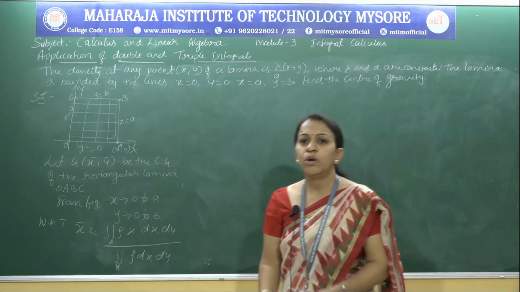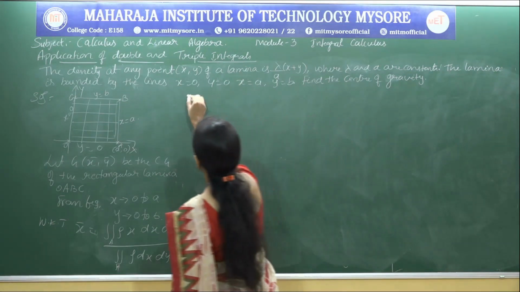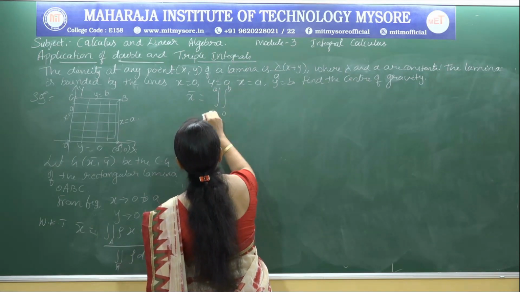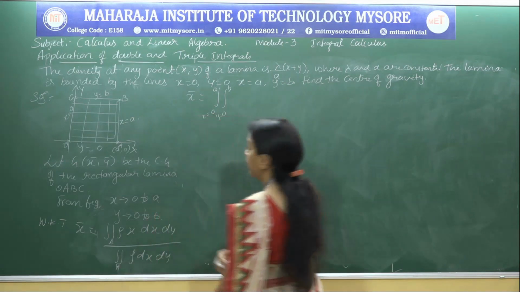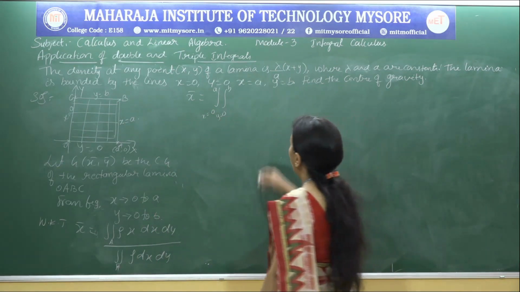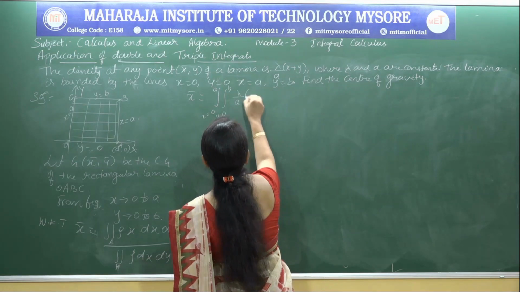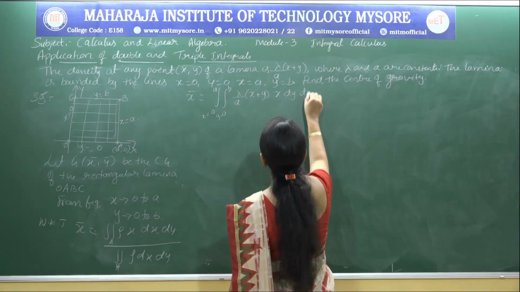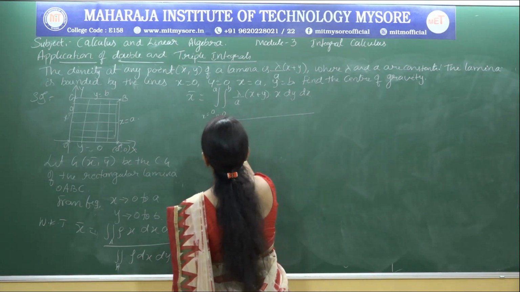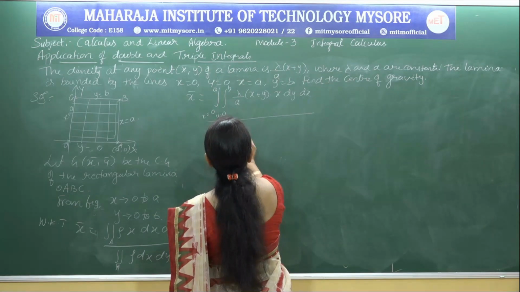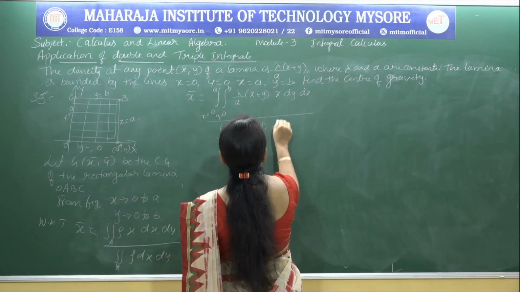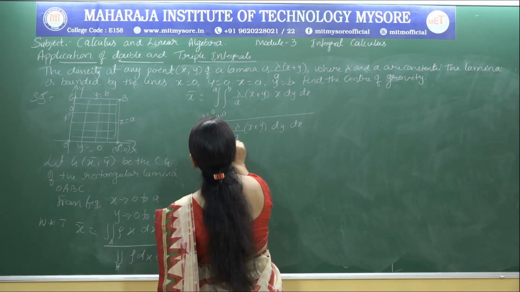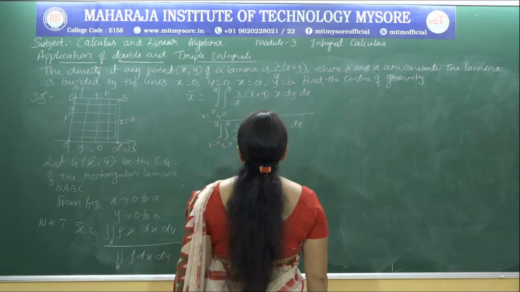So x bar is the integral 0 to a, integral 0 to b, where rho is lambda by a into (x plus y), times x dy dx, whole divided by the double integral of rho, that is lambda by a into (x plus y) dy dx, where x varies from 0 to a and y varies from 0 to b.